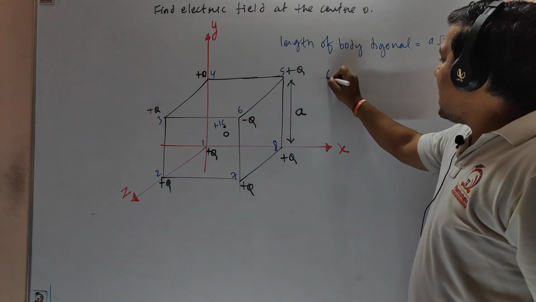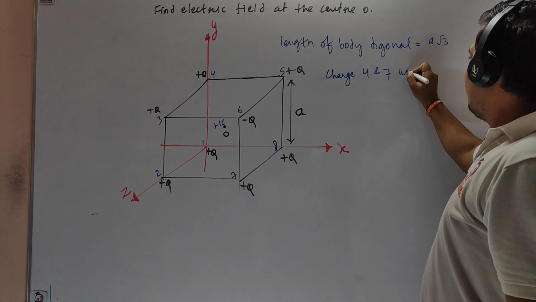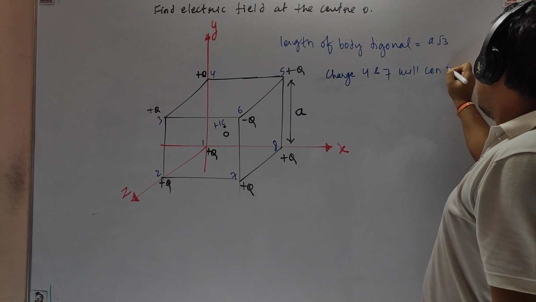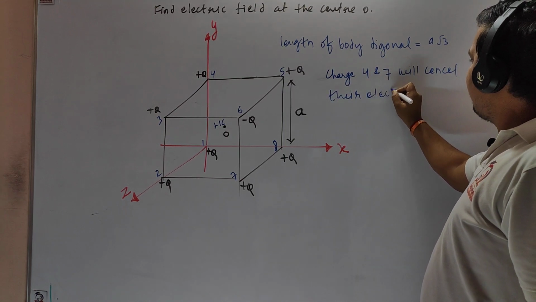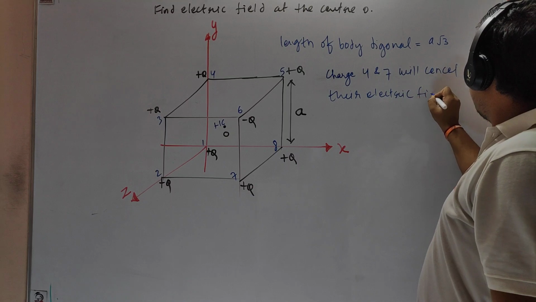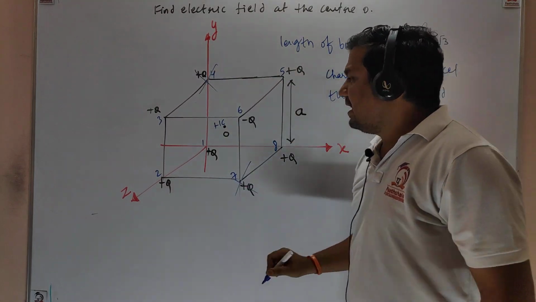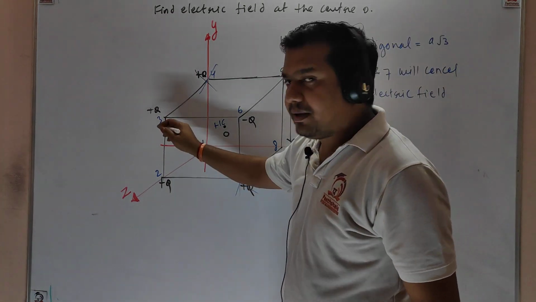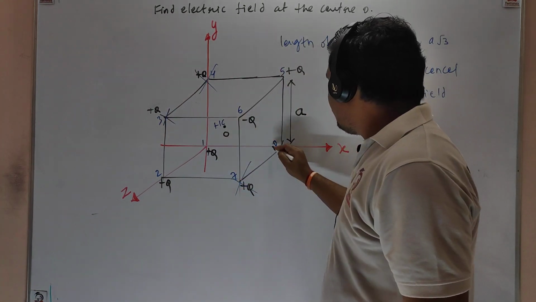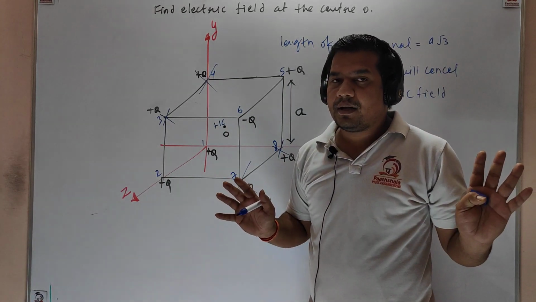So charges 4 and 7 will cancel their electric field, right? So 4 and 7 are going to cancel each other's electric field. Agree? In the same way, 3 and 8 will cancel their electric field. Agree? Yes or no? Please tell me.